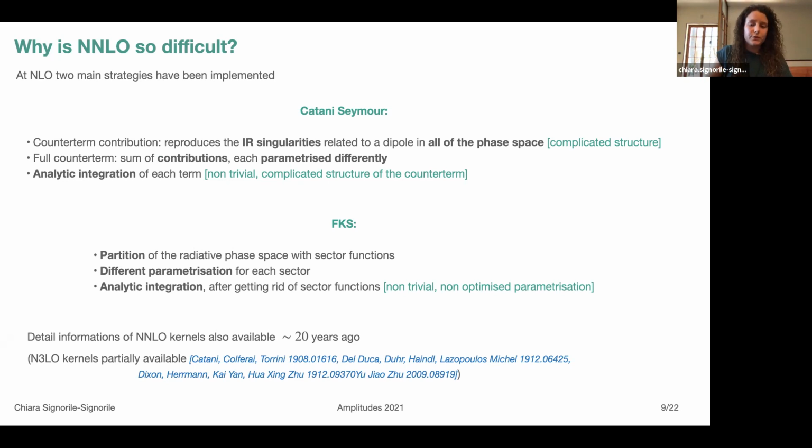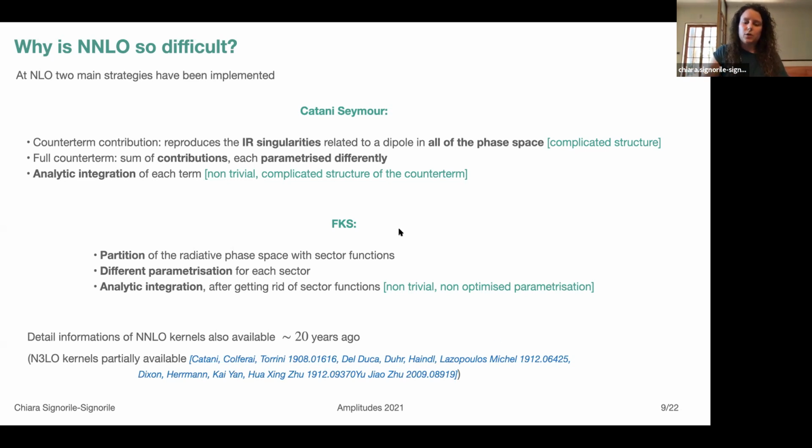We also have the FKS scheme that has a completely different approach. The idea, and I will give some details in the following, is partitioning the phase space in order to simplify the huge initial problem into sub-problems that are much easier. So although we have two methods at NLO, we are still looking for a perfect method.